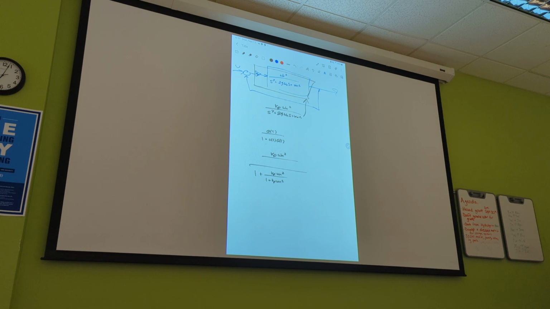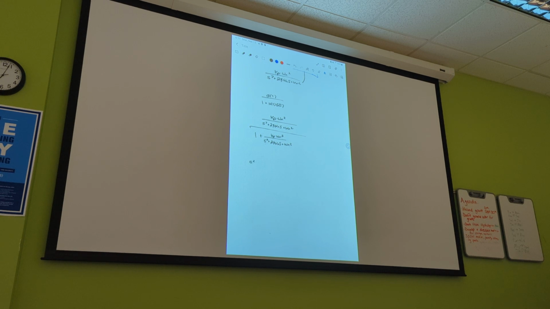That's actually the denominator of that. So we reduce this and multiply through by the denominator.